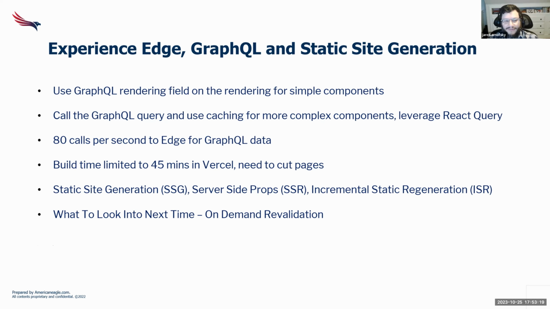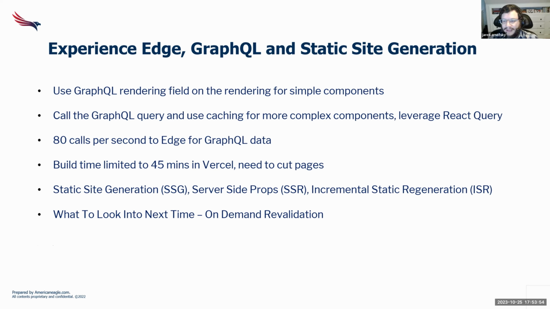So since we have 300 sites with all of these pages, and we have this 80 calls per second to Edge for GraphQL data, we don't want to leverage SSR. We can't have it anytime anyone comes to these 300 sites, it calls GraphQL to get that data. So we wanted to use static site generation, which is getStaticProps.